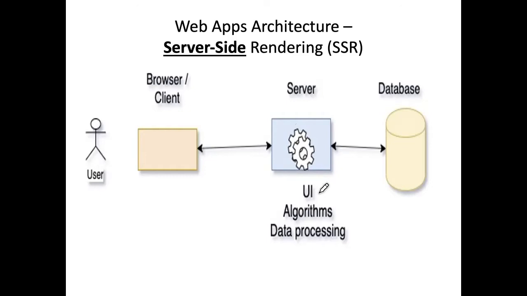The box on the left is blank because I want to get across the impression that we often say that the browser or the client was dumb in this architecture. It really wasn't doing anything other than displaying what the user should see, and what it displayed was dictated by the server. The server also obviously interacted with the database to get data or to store data.